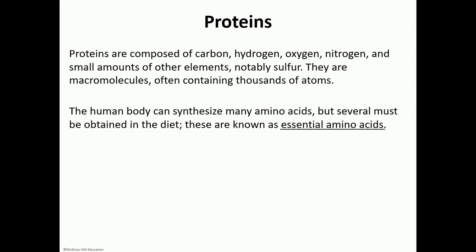Our body has the ability to synthesize a lot of amino acids, but some of them we have to take in our diet. So we cannot make all of them. The ones that we have to take from food are known as essential amino acids. The ones that we make in the body are known as non-essential amino acids.